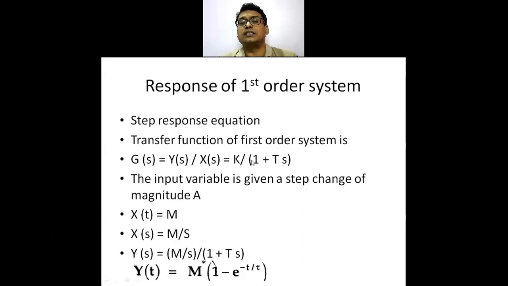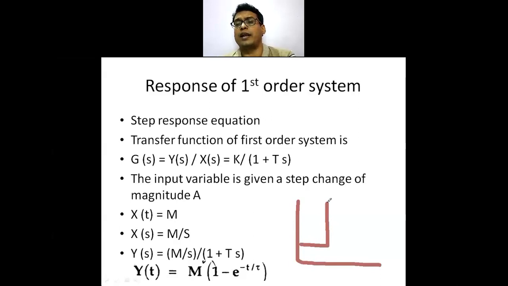K is the steady state gain. Now the input variable is given a step change of magnitude A. This is the initial value at time t equals 0.